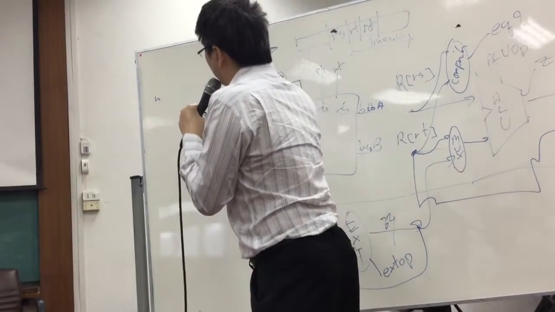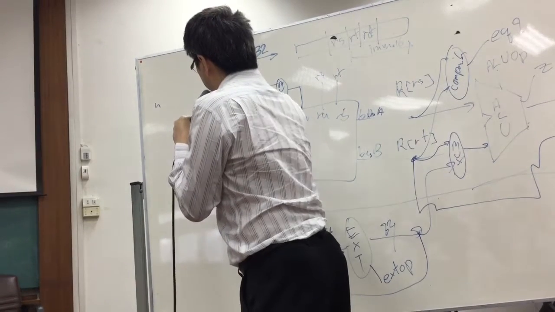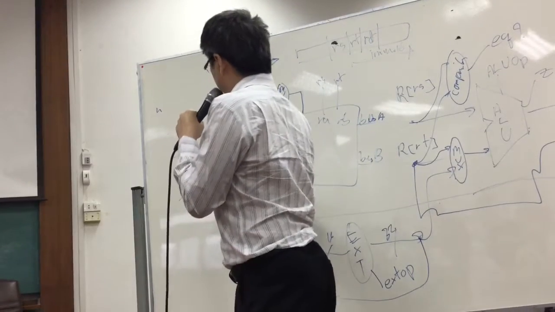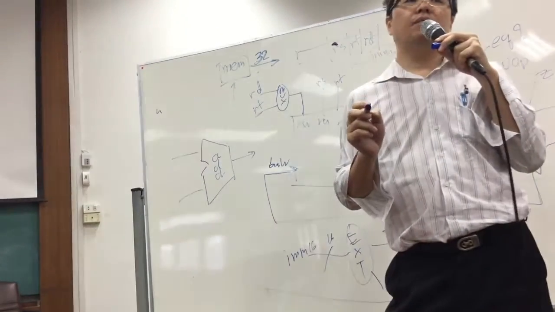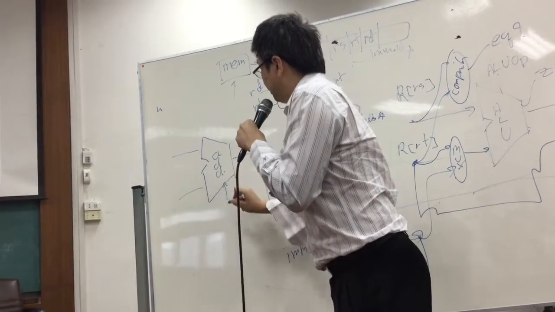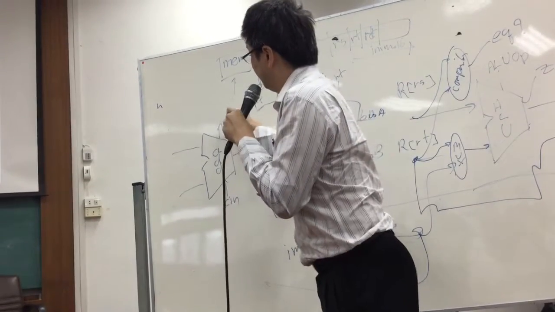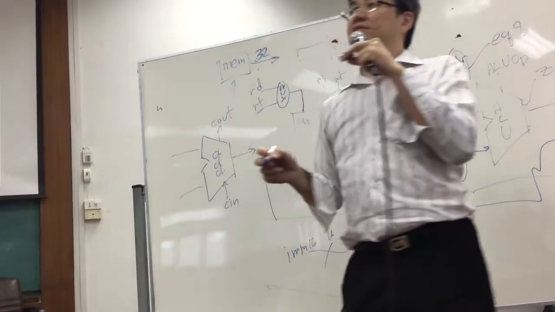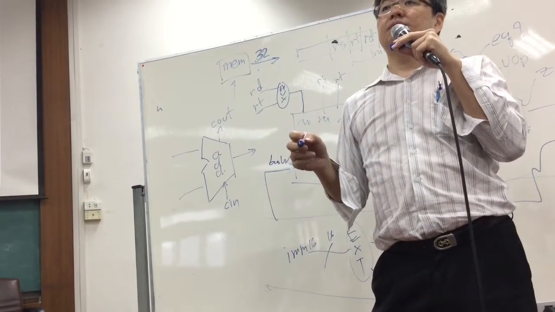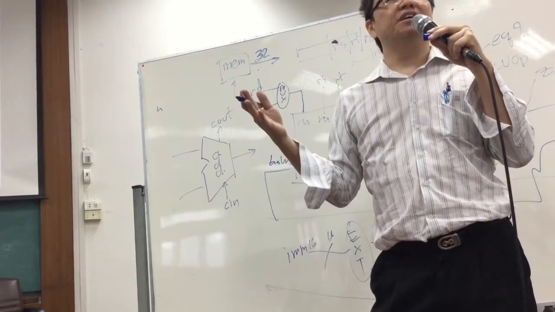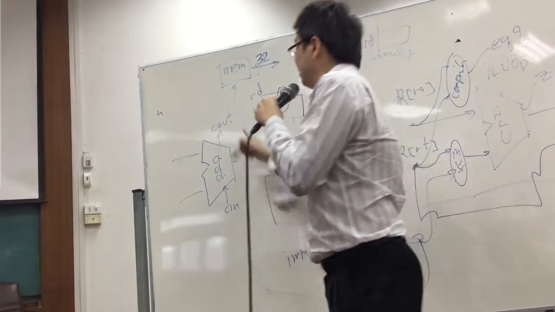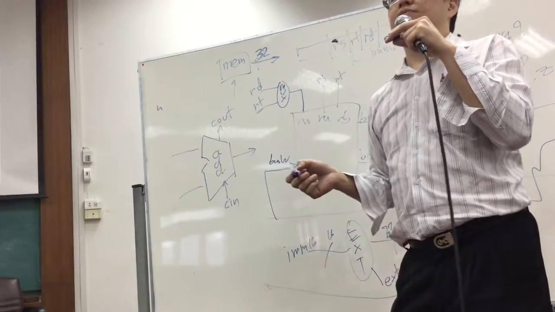Do you know the adder? If you know an adder, you would know that normally an adder has something we call carry in and something we call carry out. Normally an adder would have carry in and carry out, right?